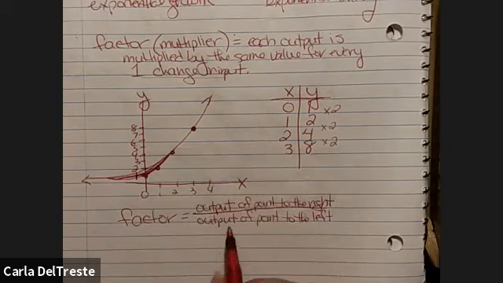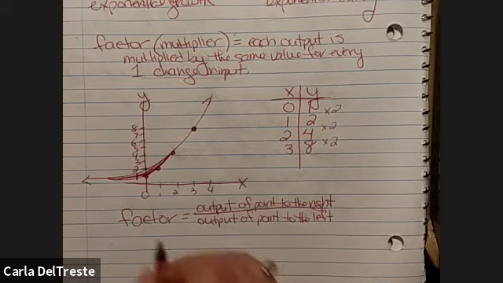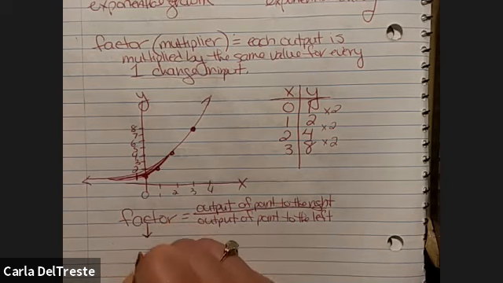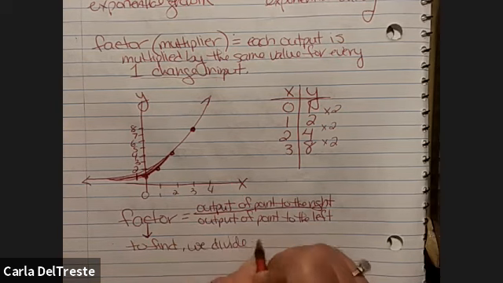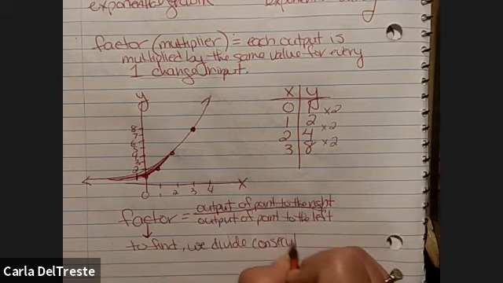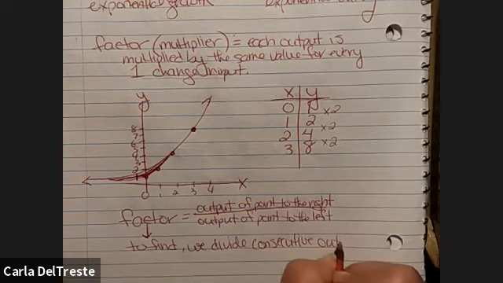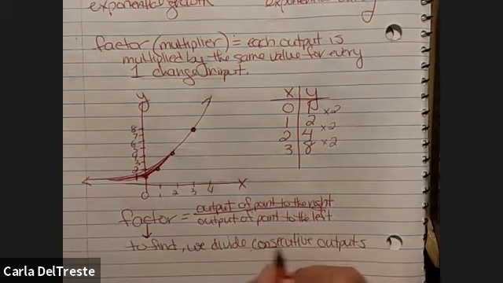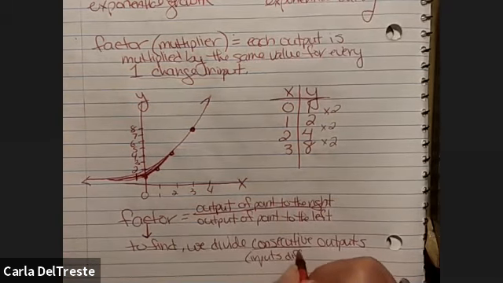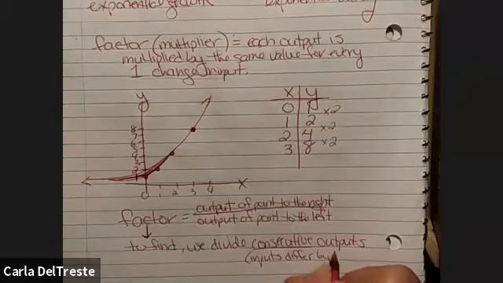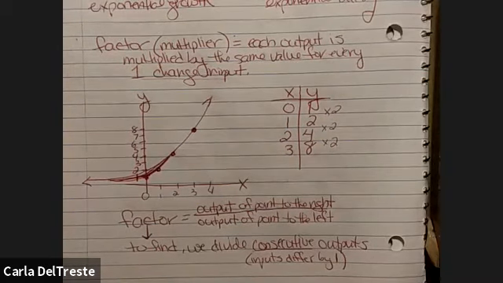Okay, so when we divide consecutive outputs, we get the factor. So we can actually put that in words as well. To find the factor, we divide consecutive outputs. Consecutive meaning the inputs differ by 1 only. Okay, so we have to be counting by ones for that to happen.